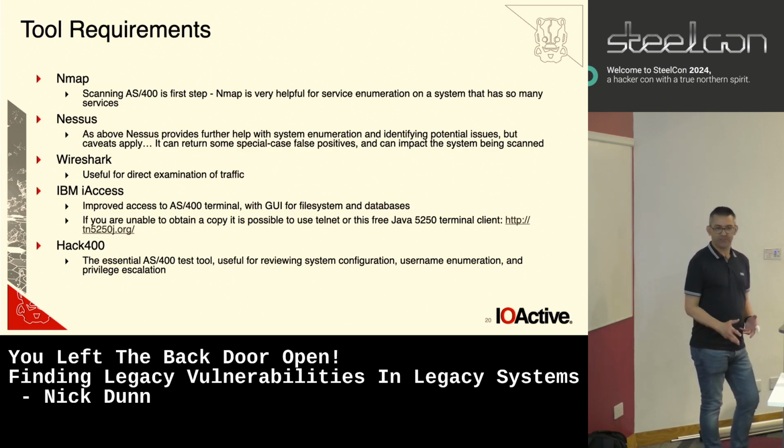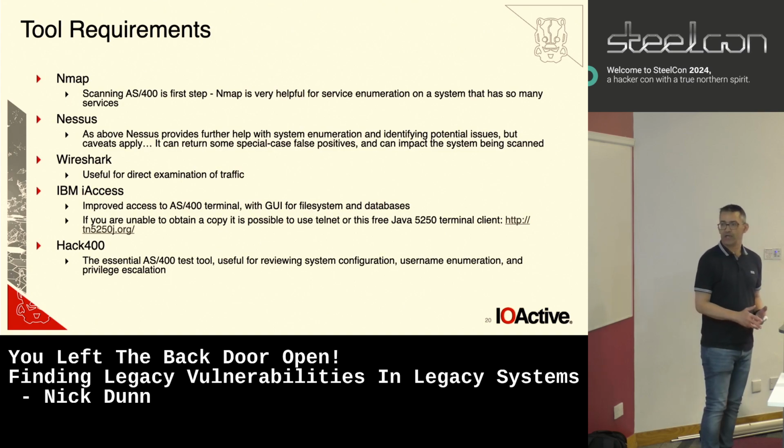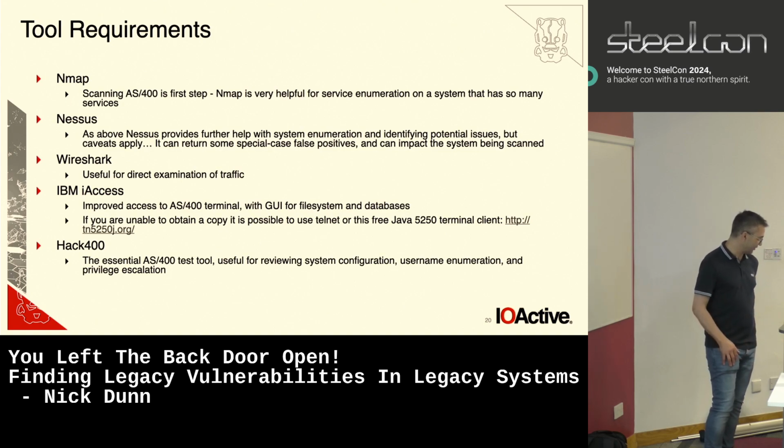Hack400 is probably the most essential tool for this. It allows you to enumerate usernames, escalate privileges. It really just automates a lot of the processes that I'm going to show you in a few minutes.